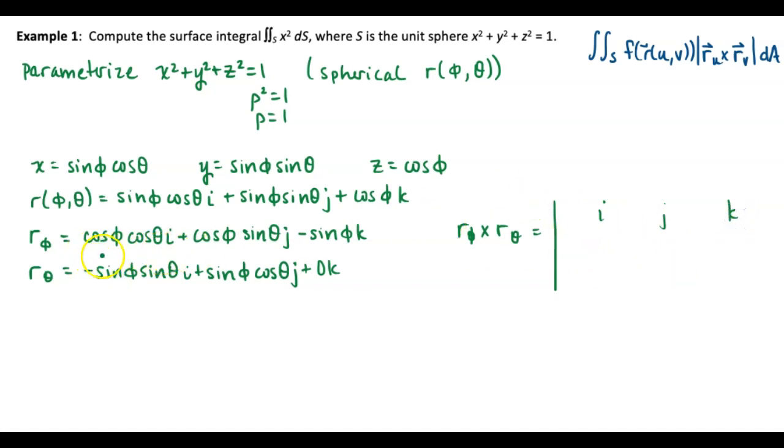where i is just going to be cosine phi, cosine theta, or j is cosine phi, sine of theta, or k is negative sine of phi. Next line, our i is negative sine of phi, sine of theta. Our j is sine of phi, cosine theta, and our k is 0.